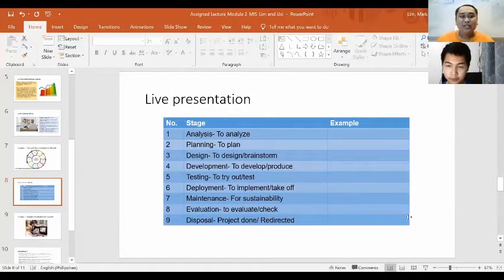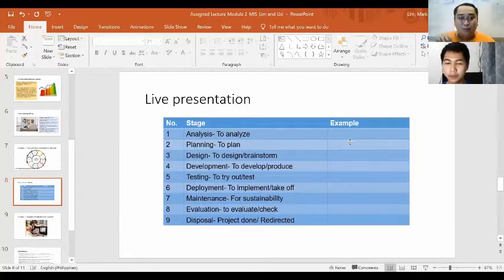Once we say analysis, it is to be able to analyze a certain plan or procedure. So for example, it will be a psychological provision for affected learners in a particular school.